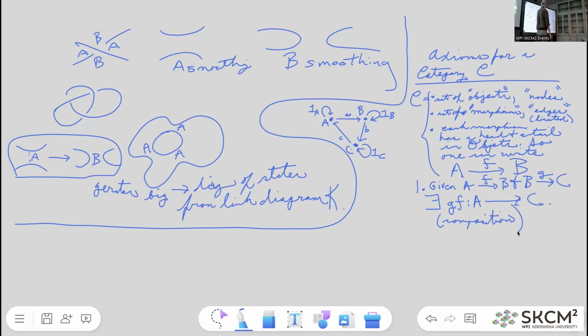There exists a well-defined arrow that is the composition arrow of these two arrows that I just drew.